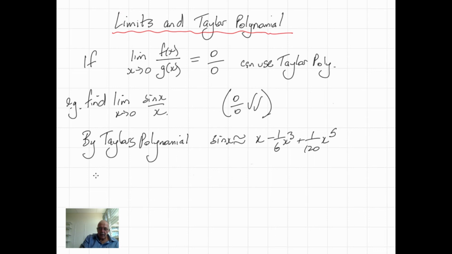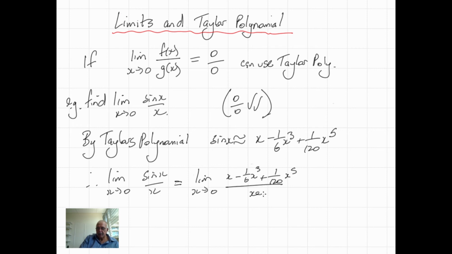So therefore we can say that the limit as x approaches 0 of sine x on x is equal to the limit as x approaches 0 of, instead of sine x, x minus 1/6 x to the 3 plus 1 on 120 x to the 5, all over x.